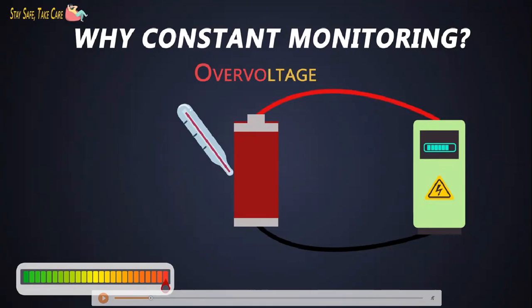As we are going to discuss the electric vehicle, when a battery is charging, we have to apply voltage and current to it. If this voltage is more than the specified limit mentioned in the data sheet, then the battery is charging with over voltage, which will eventually increase the temperature of the battery.